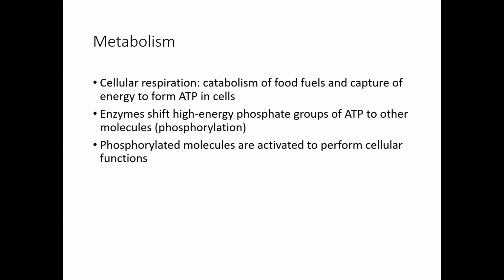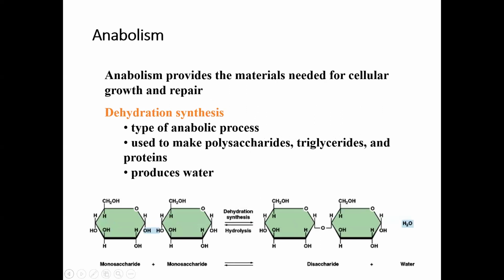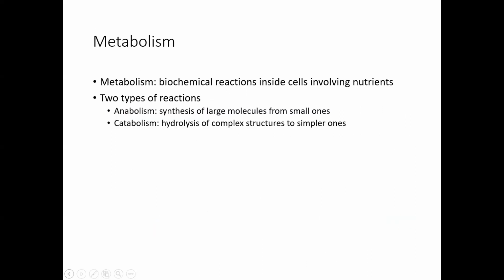Metabolism is the sum of all the chemical operations going on in our bodies. All of the reactions going on inside our bodies are either going to be an anabolic chemical reaction or a catabolic reaction.